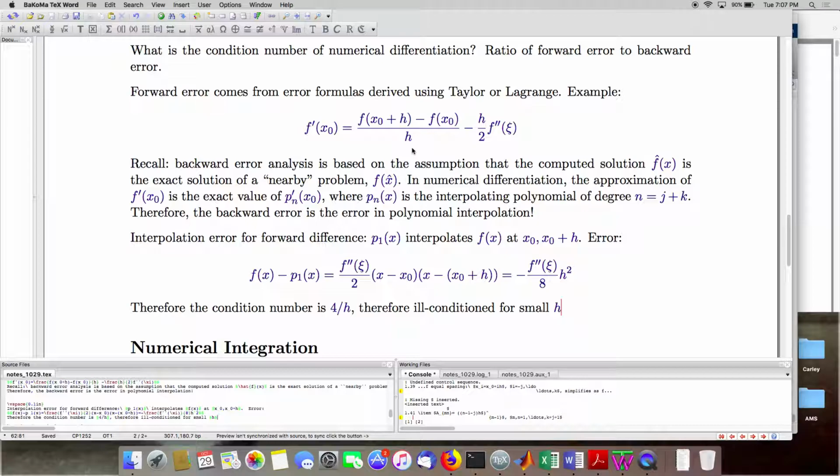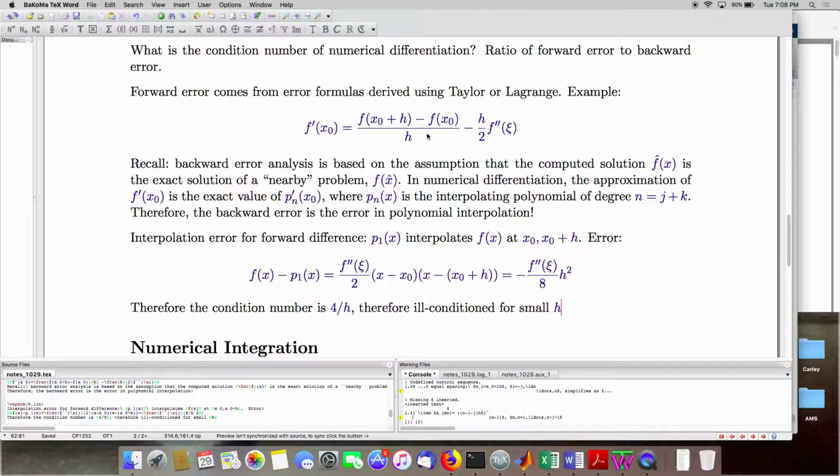The reason is that this error formula does not take round-off error into account. The round-off error gets pretty substantial when h gets small. So this is why you have to be very careful. You do want a small h for accuracy, but not too small.